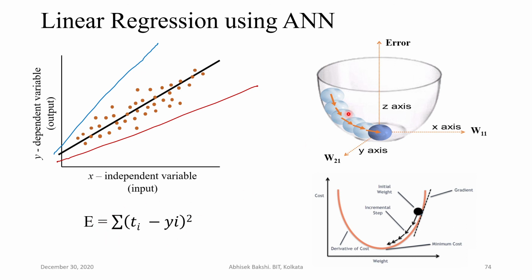Now one more view we have. If you consider the two-dimensional view of this whole scenario, for some particular set of weights, your cost was something like this. Due to your initial weights, you were over here, and you will slide down to almost zero error, as we have seen in the three-dimensional view.